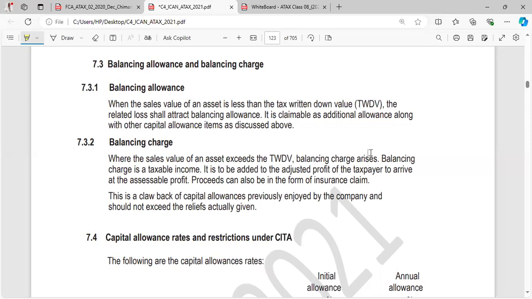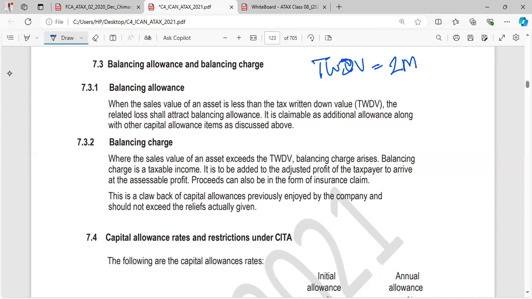Now you've taken the first 1 million, it remains 4 million. You've taken the next 1 million, remains 3 million. You take another one, it now remains 2 million. Let's say your tax written down value, which is this balance, happens to be 2 million, but you decide to sell it.